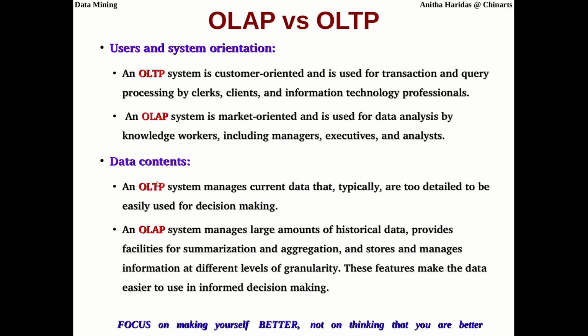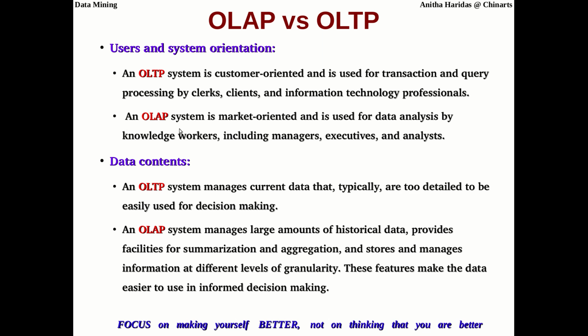criteria. So based on users and system orientation, your OLTP system is customer oriented and it is used for transaction and query processing. So it will be generally used by clerks, clients, all the data entry operators, the accountants, and all the employees who are dealing with day-to-day transactions will be using the OLTP system.